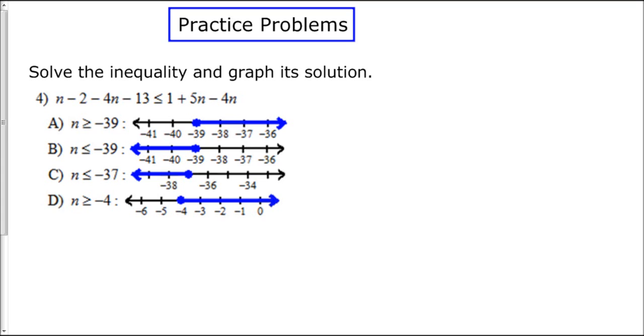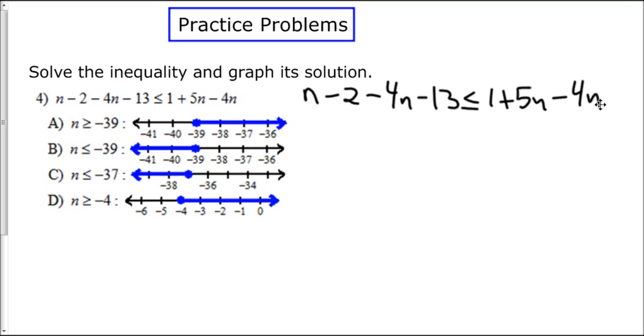And for this last example, I have variables on both sides of the inequality. So let's see what I would do here. I'm going to take n minus 2 minus 4n minus 13 less than or equal to 1 plus 5n minus 4n.